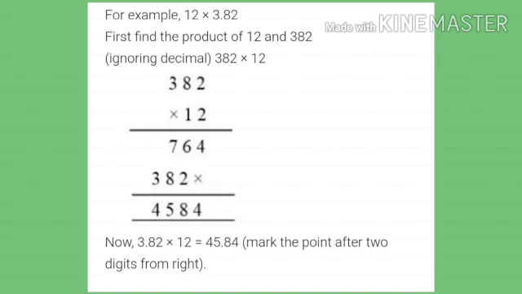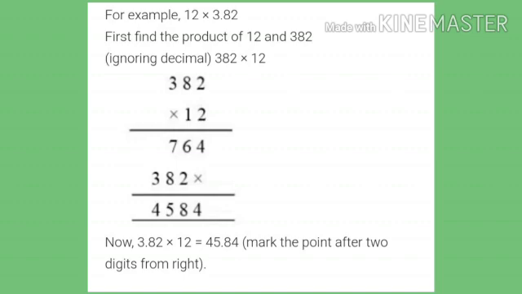So let us see one example. Here we have to multiply 12 and 3.82. 3.82 is a decimal number and 12 is a whole number. So what we will do? First we will find the product of 12 and 382. We will ignore the decimal point of 3.82 and we will consider it as 382. So let us multiply 382 by 12.